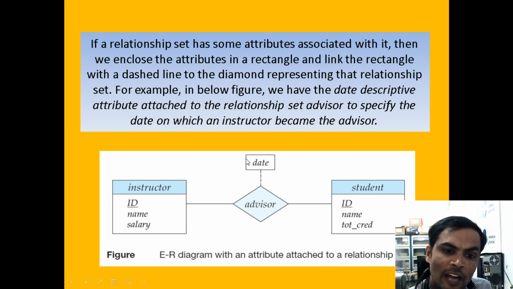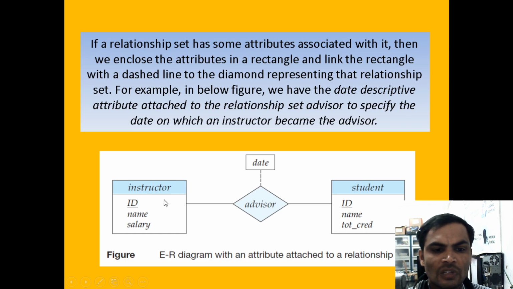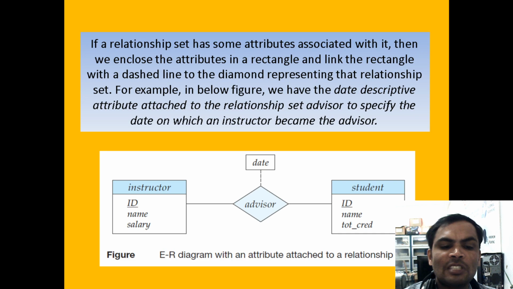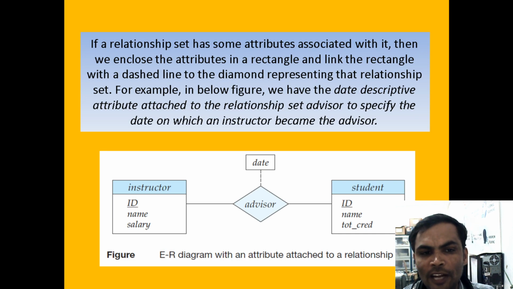The descriptive attribute should be defined under the relationship only. We should not define descriptive attributes under the entity sets. A descriptive attribute is represented with a dashed line, and it should be linked to the relationship set only, not defined under the entity set.